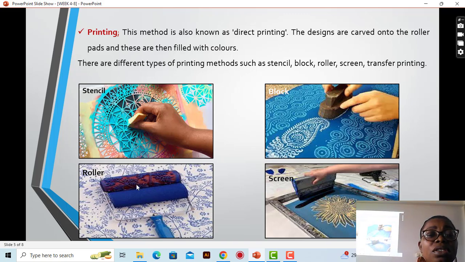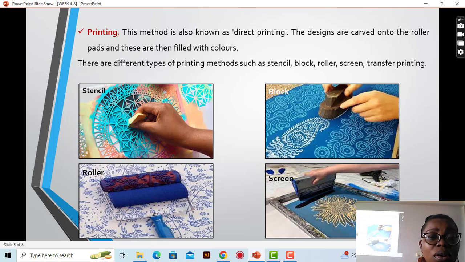Then another way is using the roller. If you check this roller, there are two. One has designs, one is plain. So depending on what you are doing, you buy or design your roller accordingly. We have already made rollers with designs. If you like any of them, you can buy.